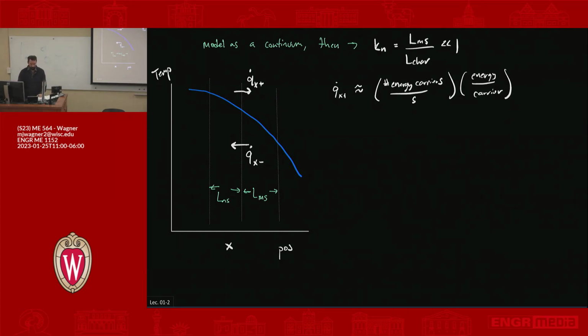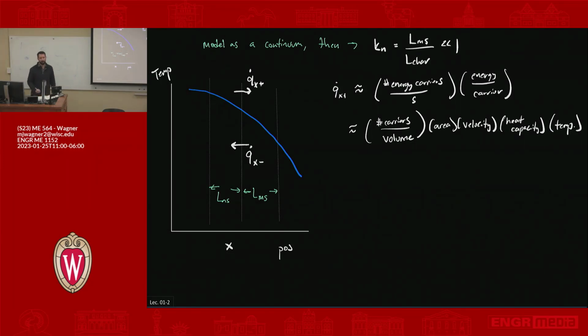Let's break this down a little bit further, because this is where the model comes from. This is approximately equal to the number of carriers per unit volume. Because we're expressing it per volume, we have to multiply by the area of the interface, times the velocity of the energy carriers, times the heat capacity of an individual energy carrier, times finally the temperature.